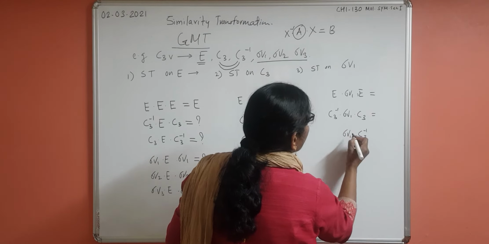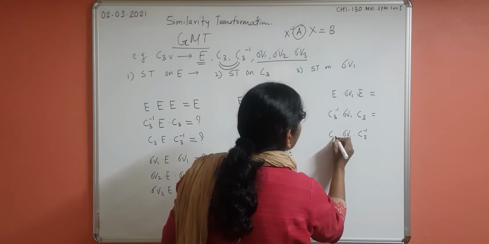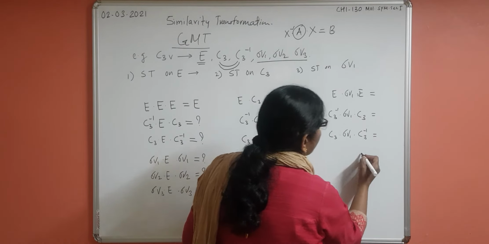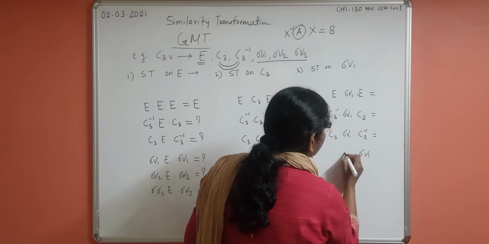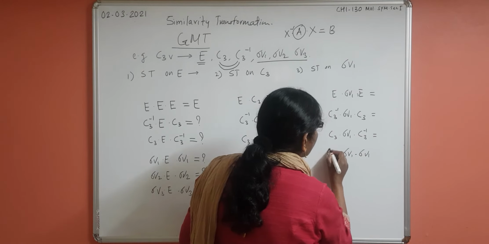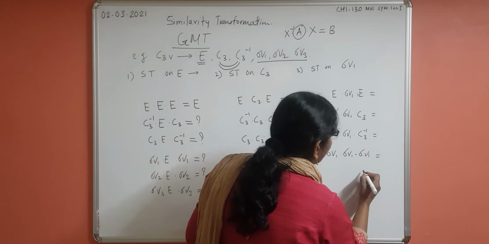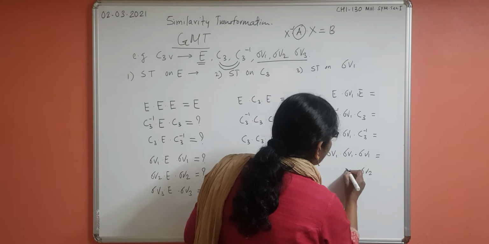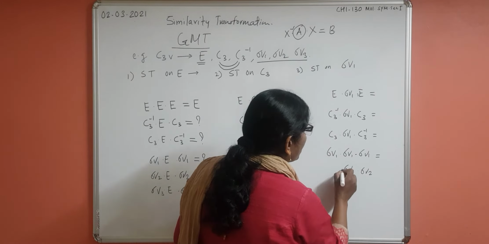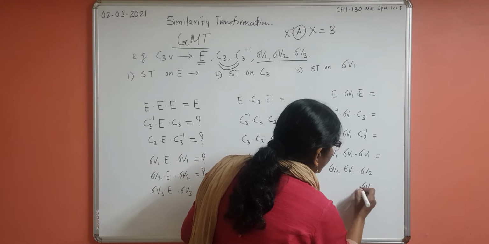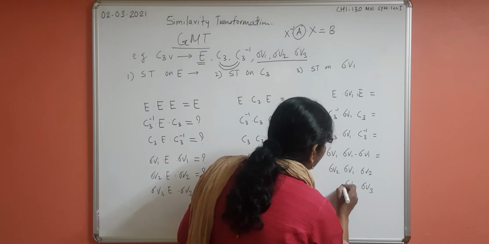Then third is C3 inverse, similarity transformation on sigma V1 by C3 inverse. Inverse of C3 inverse is C3. Write this way. Then sigma V1, similarity transformation on sigma V1, and inverse of sigma V1 is sigma V1. Sigma V2, similarity transformation on sigma V1, sigma V2. And sigma V3, similarity transformation on sigma V1, sigma V3.